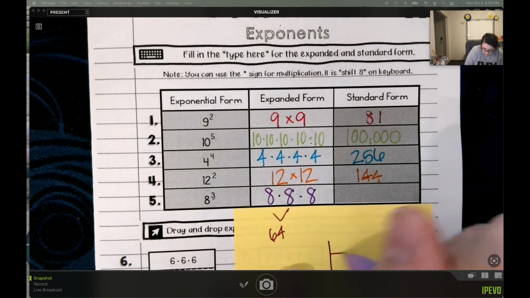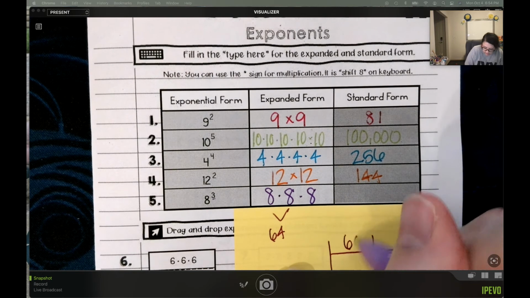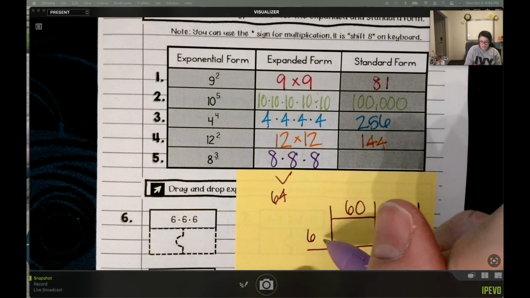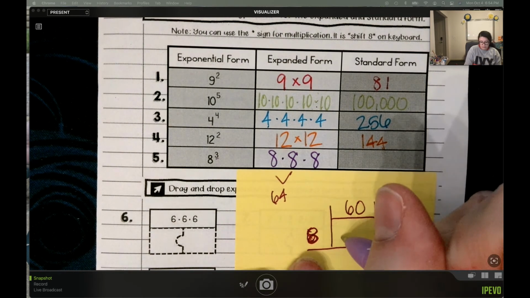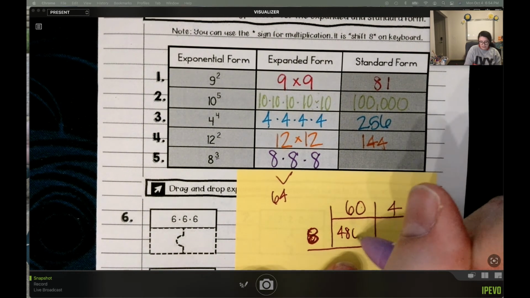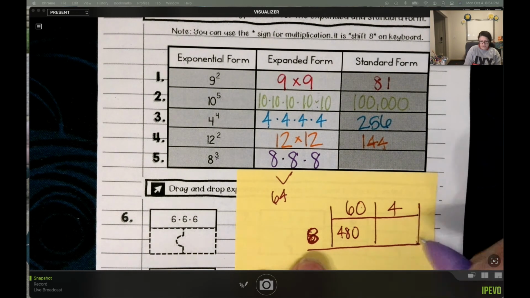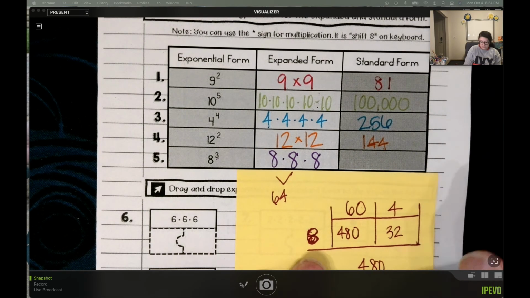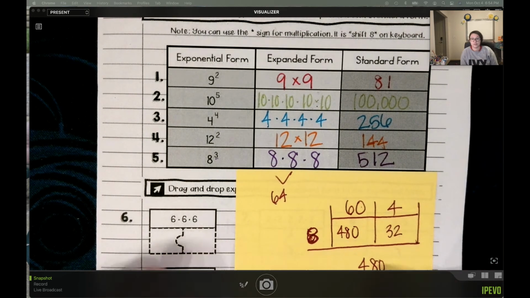I'm going to break this one up and do the area method for this multiplication. 64, I can write that as 60 and 4, times 8. 6 times 8 is 48. And then I add my 0 at the end to hold place value for being 60, not 6. And then 8 times 4 is 32. And I add 480 plus 32. I get 512 for 8 cubed.